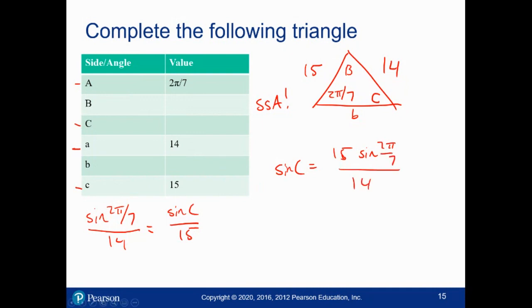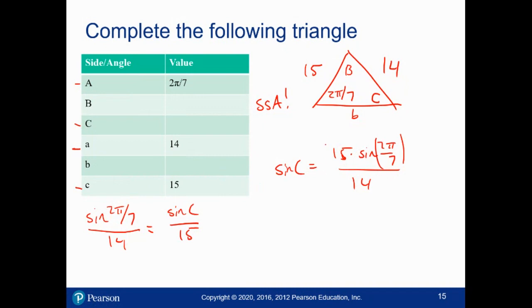Now, with the law of sines, a calculator is actually quite handy. Here's why. The question becomes, is this bigger than 1? If this is bigger than 1, I can't possibly have the sine of C being larger than 1. And it's not immediately obvious just in our heads if the 15 sine of 2 pi over 7 divided by 14 is bigger than 1.